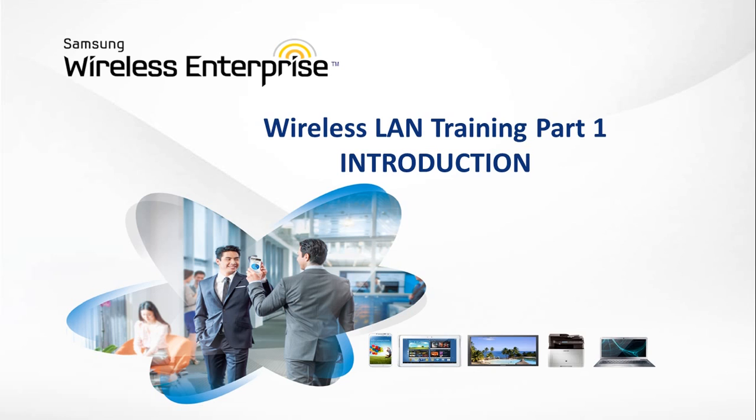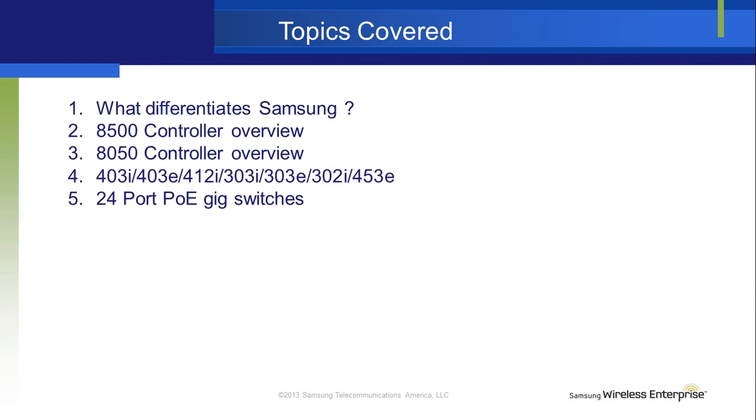In this video, I will give you a brief overview of the Samsung wireless LAN product portfolio. So let's start. These are the topics that I'm going to cover in this video. I'm going to start off with what differentiates Samsung in the wireless LAN space, then give you an overview of our 8500 controller, then we'll talk about a smaller 8050 controller, and then we will talk about the different WAPs that we have in our product line.